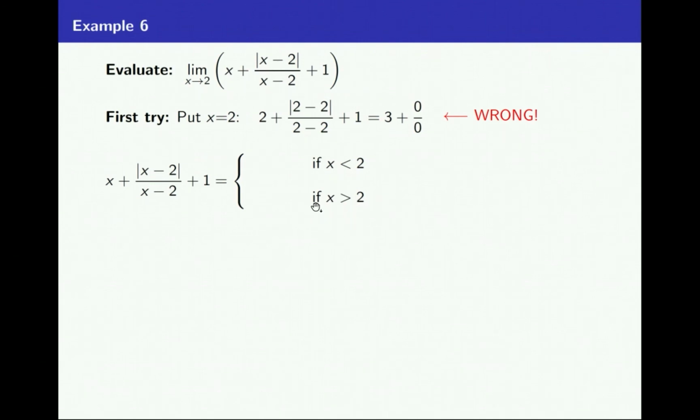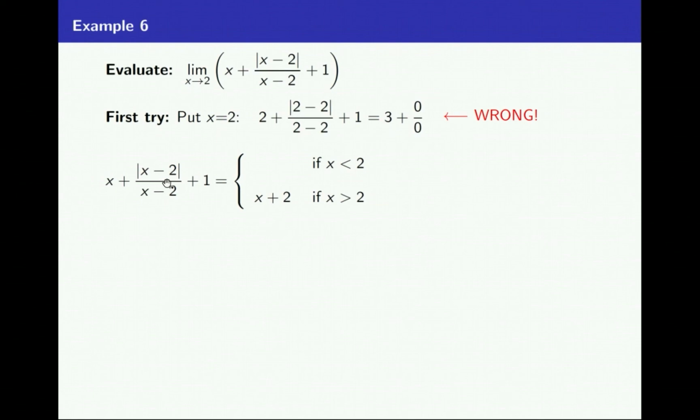Now I said if x is greater than 2, then the absolute value of x minus 2 is positive. So the absolute value is doing nothing. You can just drop the brackets, and you get x minus 2 divided by x minus 2, which is just 1. So this works out to be x plus 1 plus 1, which is x plus 2. But if x were less than 2, then x minus 2 would be negative.